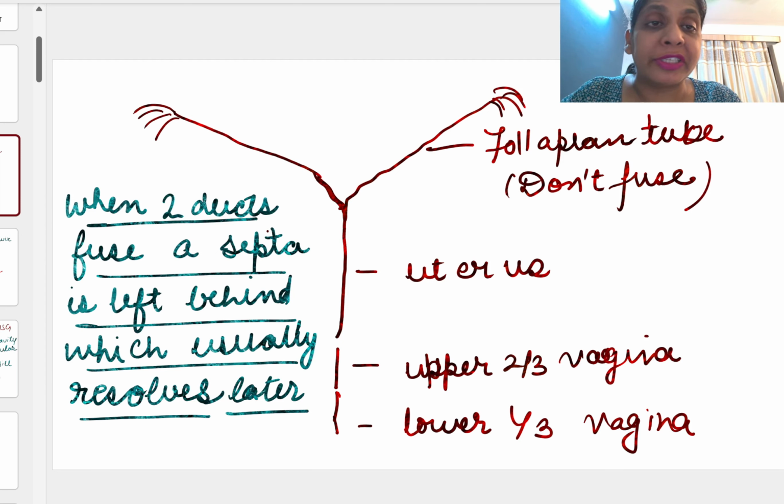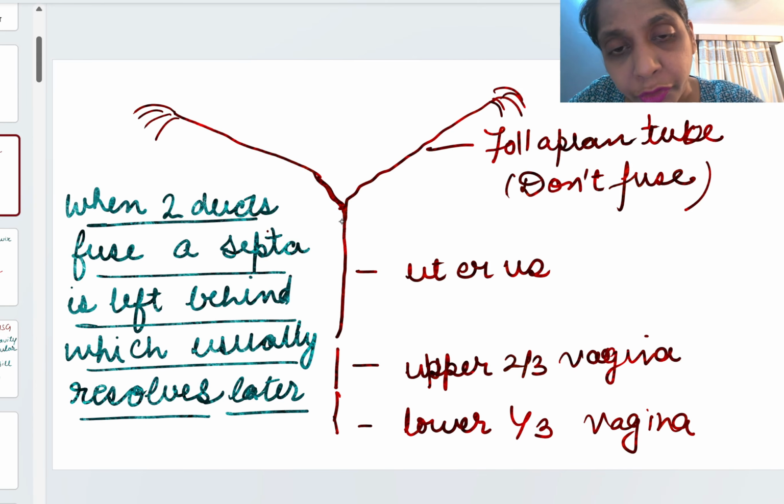The lower one-third vagina is formed by the urogenital sinus. The upper part of the duct forms the fallopian tube and it never fuses. The part of the duct which is forming the uterus fuses and forms a single uterine cavity.